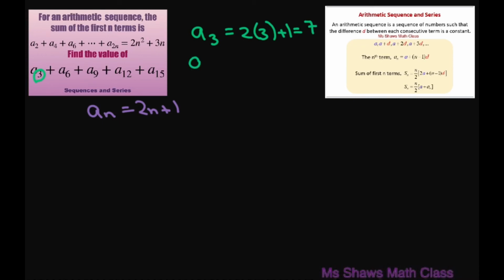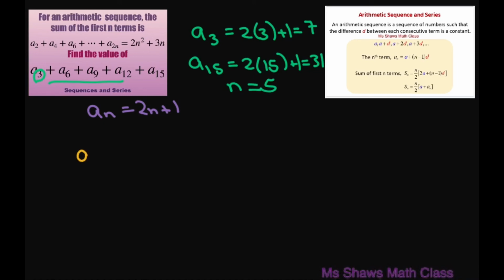And a sub 15 equals 2 times 15 plus 1, which equals 31. So we have 5 terms, so your n equals 5.